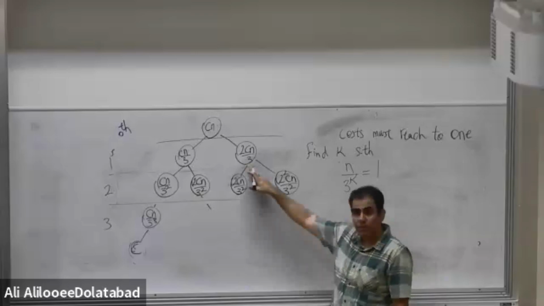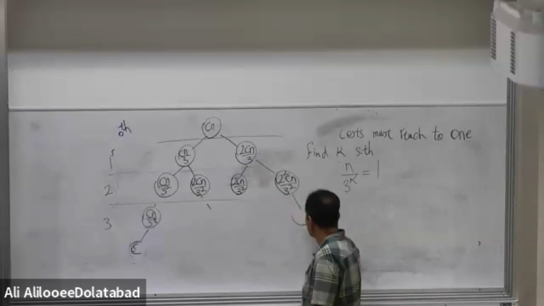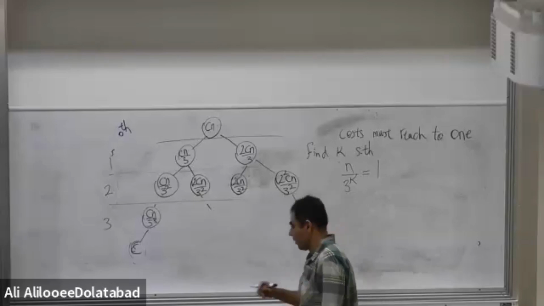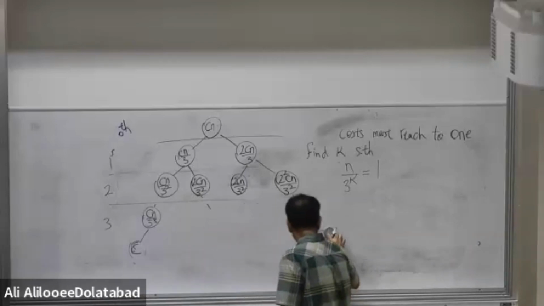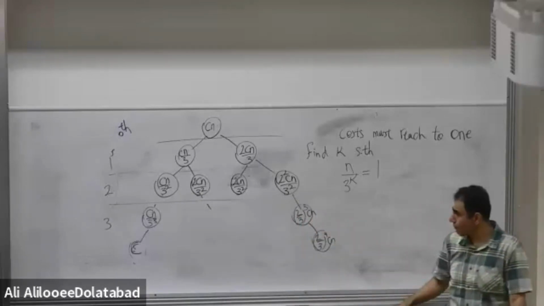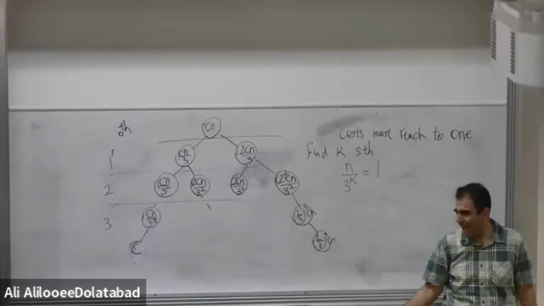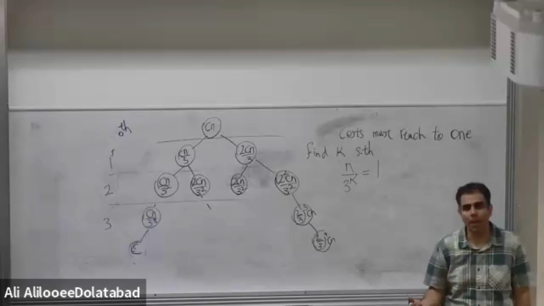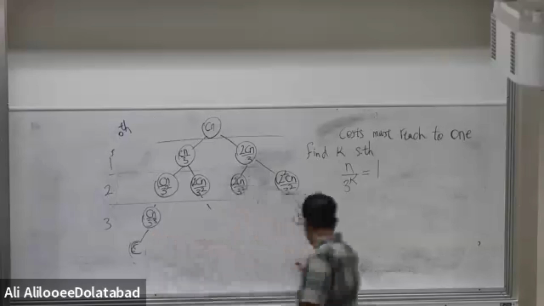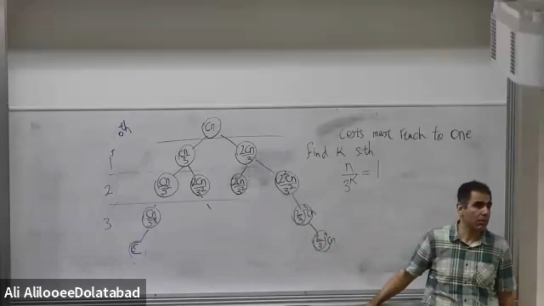See, 2/3 squared, one level deeper 2/3 cubed Cn, then 2/3 to the power 4 Cn. Then it seems that we have powers of two different numbers. More precisely, here you have powers of 1/3, here you have powers of 2/3.